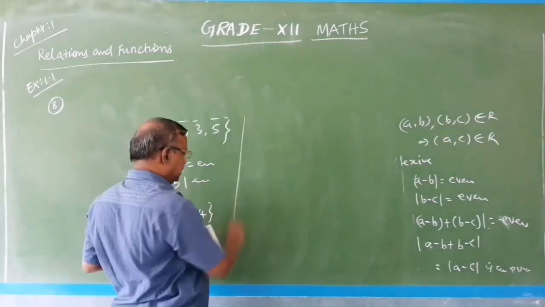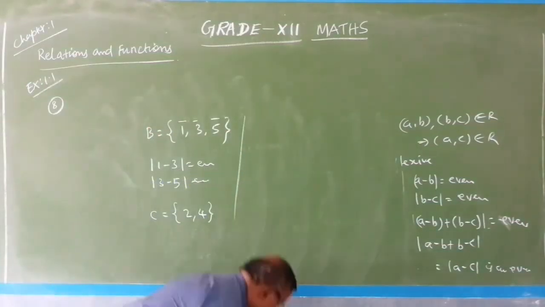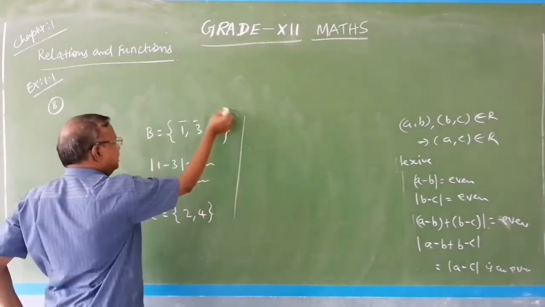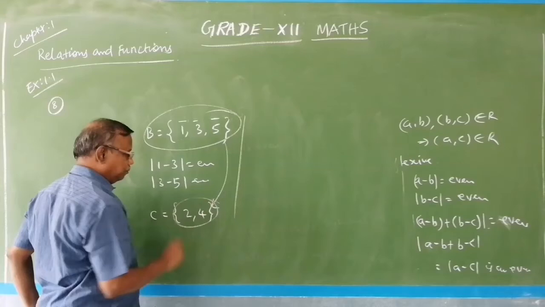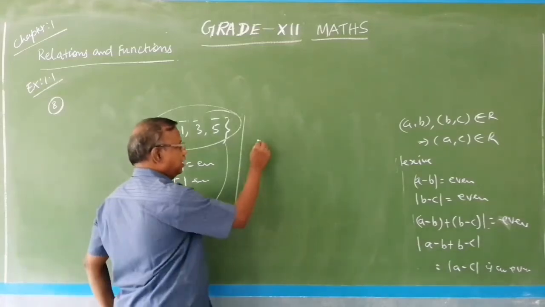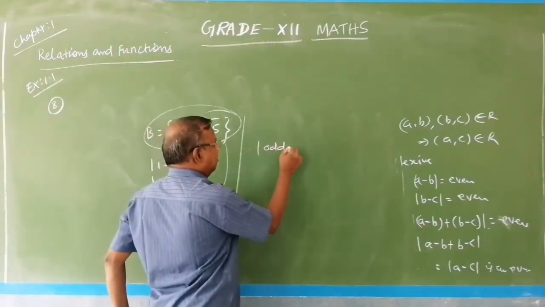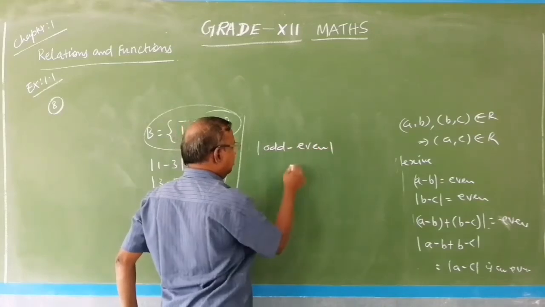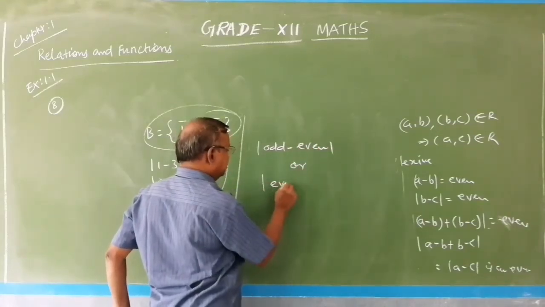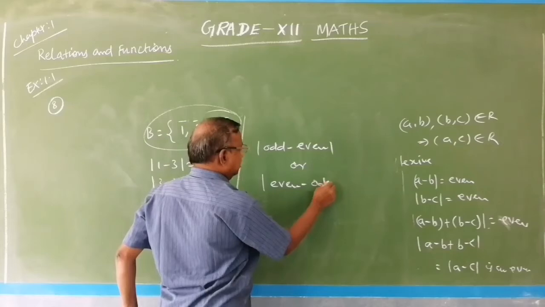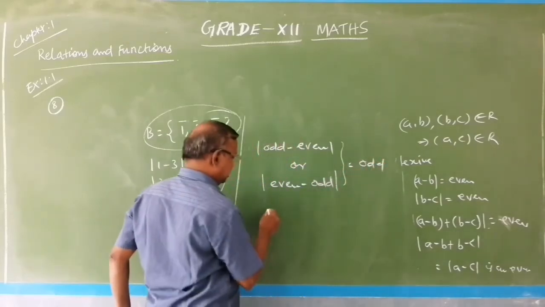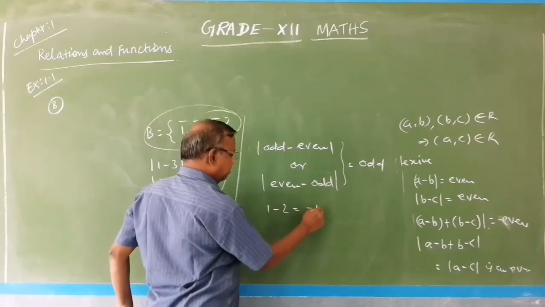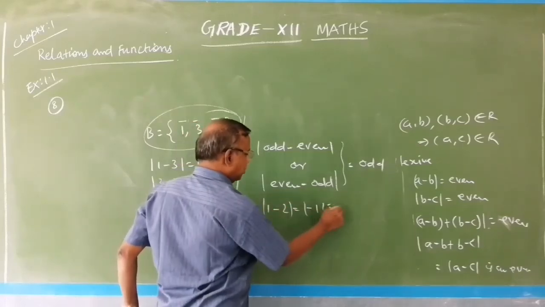Now, the third one, they asked: no element in {1, 3, 5} is related to {2, 4}, because the difference between an odd minus even or even minus odd is always odd. That is, modulus of 1 minus 2 equals 1, which is odd.